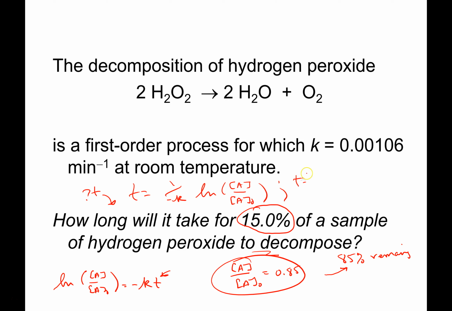T is equal to 1 over negative 0.00106 per minute times the ln of 0.85. Sorry, this is pretty ugly.